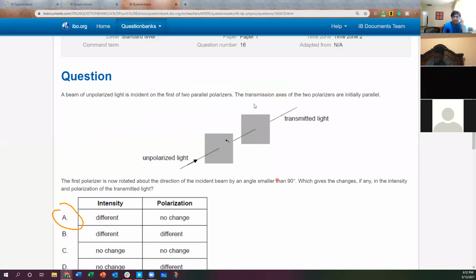Guys, I think maybe you could ask Miss Raja before the test. But if not, okay, here's my thinking. I think what it means by change in polarization is the plane of polarization.